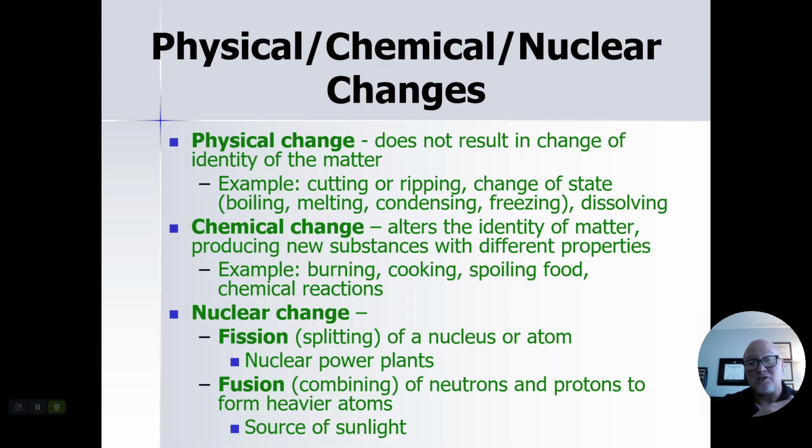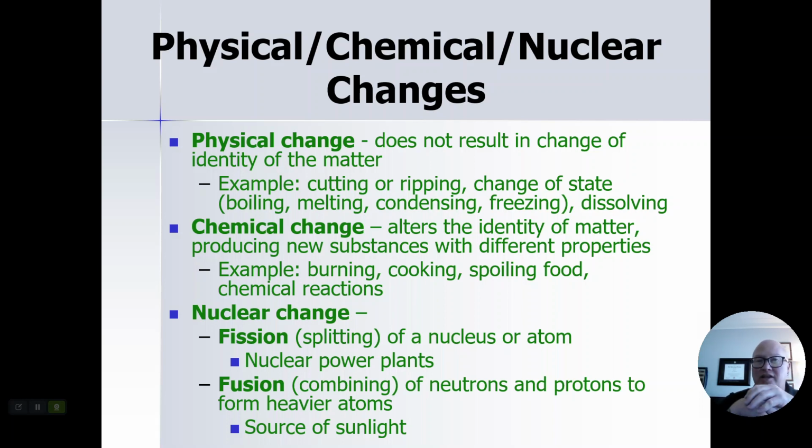Again, E equals mc squared: energy is equal to mass times the speed of light squared, and that's how much energy is released. So nuclear changes occur when you have either fission, where one nucleus comes apart, or fusion, where two nuclei are fused into one nucleus.